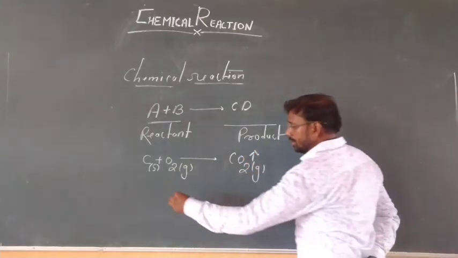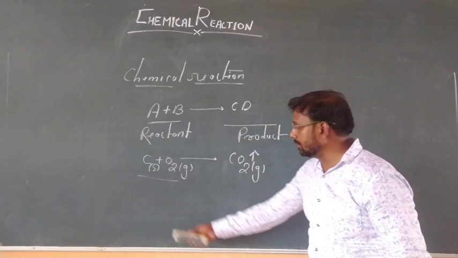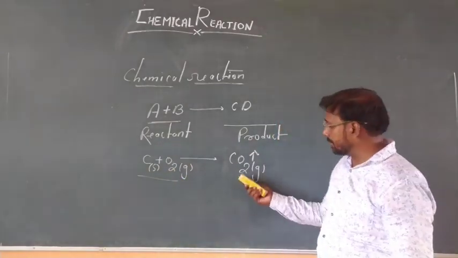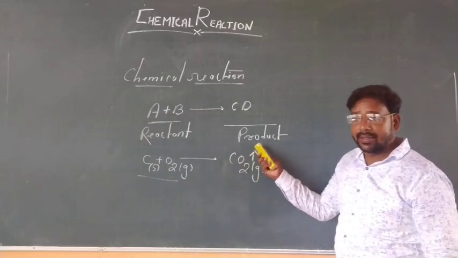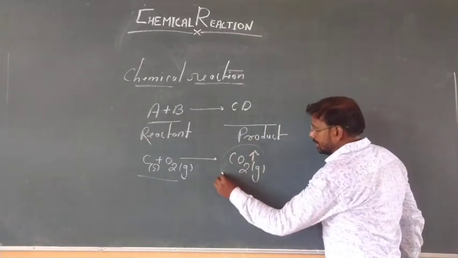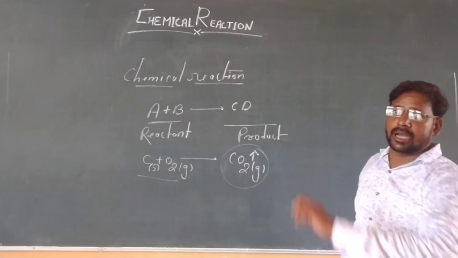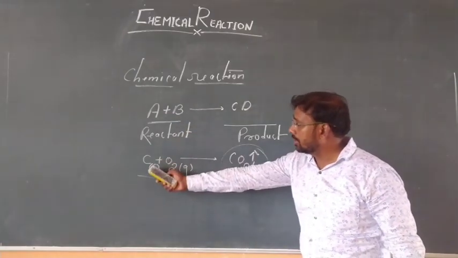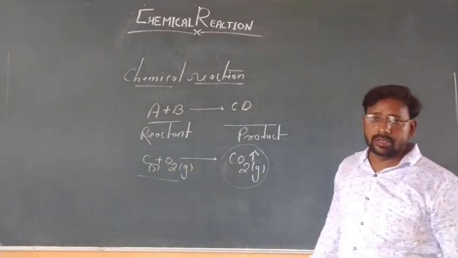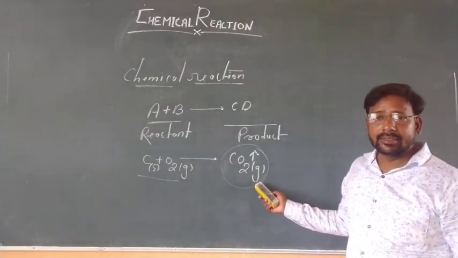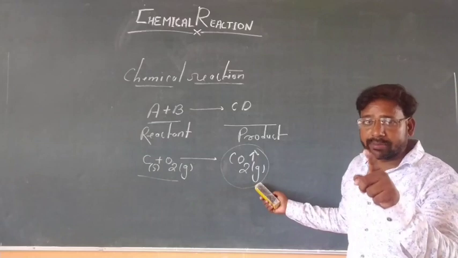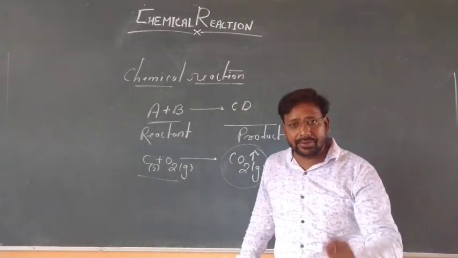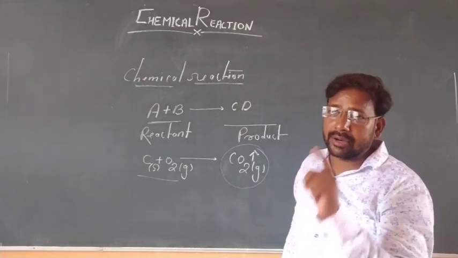Carbon and oxygen are called reactants, but carbon dioxide is called the product, because carbon dioxide is a totally different substance. It has totally different properties than carbon and oxygen. So here you can see that the reaction involves the formation of new substances. Always in a chemical reaction, new substances are formed.